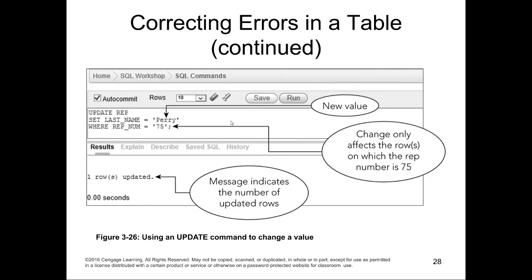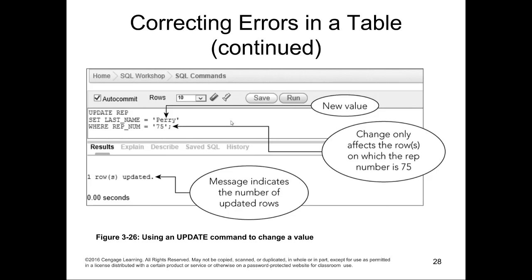So in this case, we're updating a row, we're updating the rep table, and we're setting the last name to Perry wherever the rep number equals 75. So let me repeat that again. We're updating the rep table, and we're saying, hey, set the last name equal to Perry wherever you find the rep number equals 75.